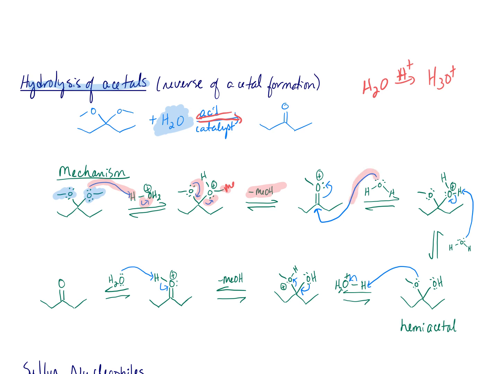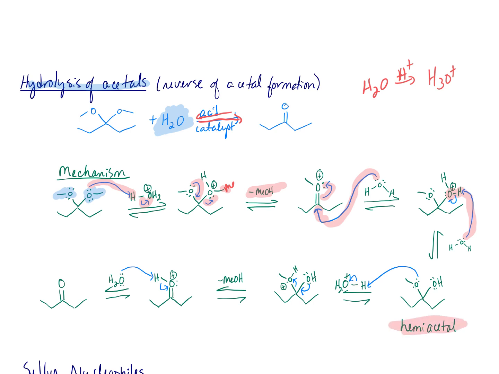So water will then attack the carbon from your carbonyl, although that's got a positive charge on that oxygen. Electrons go up. And now we have an oxygen right here with a positive charge. So let's recharge our acid catalyst. Water goes and grabs that hydrogen that's right there. And that's where we get our hemiacetal.